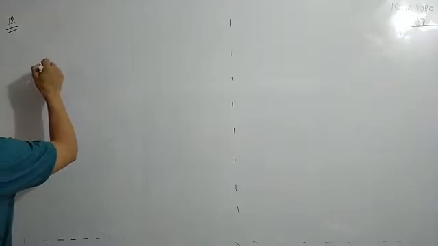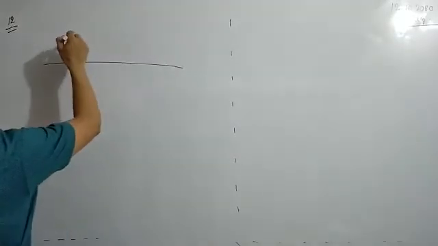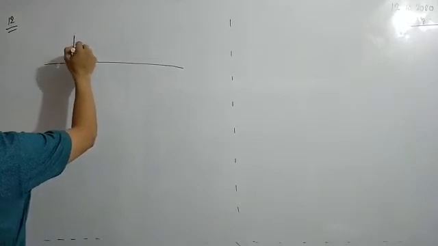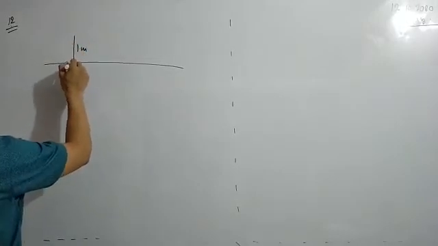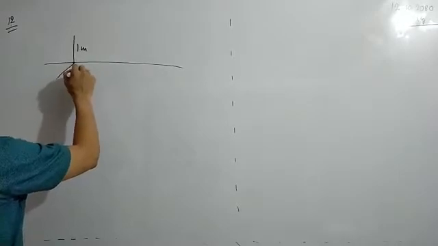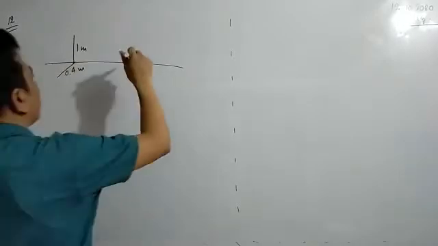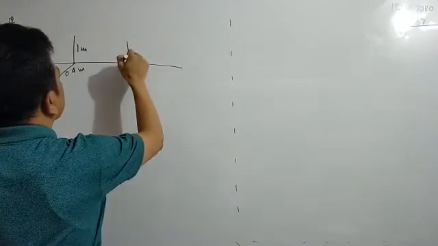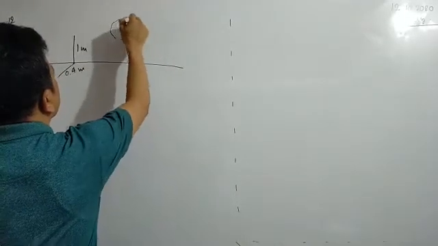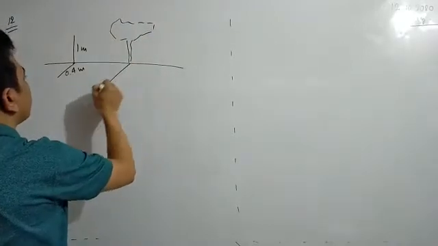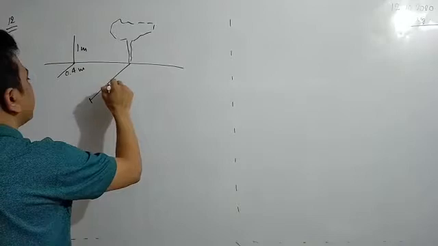Anyway, here is one stick whose length is 1 meter and its shadow is 0.4 meter, and one tree here, and its shadow is 7 meter.